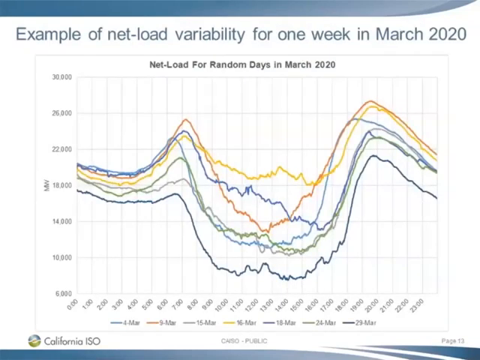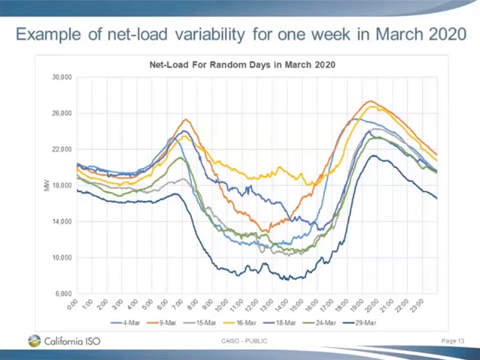Let's move on to slide 13. What we wanted to show here is how net load changes from different days. So this is looking at March 2020. Again, this is actual data looking at what we saw in the system. And you can see, on the horizontal axis, how the shape changes from day to day.